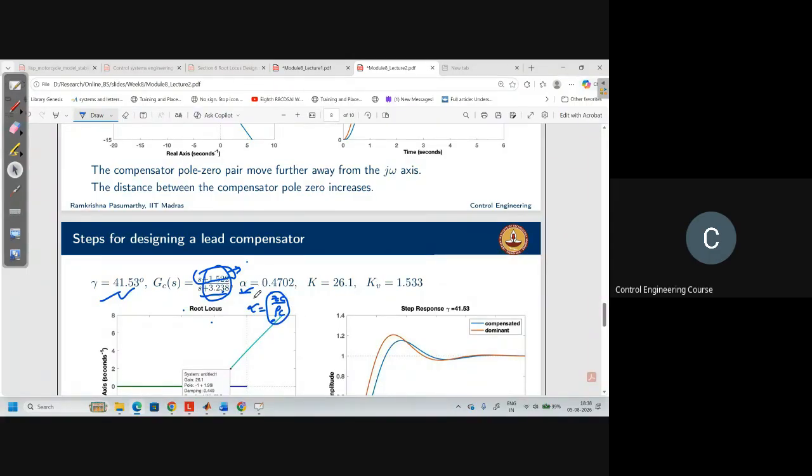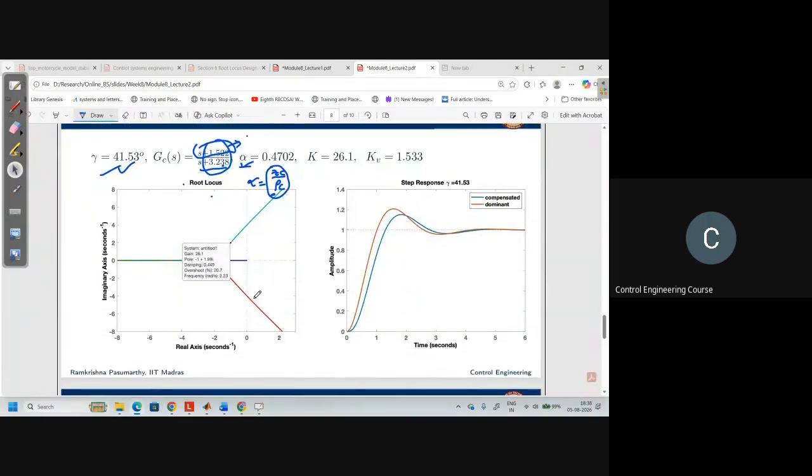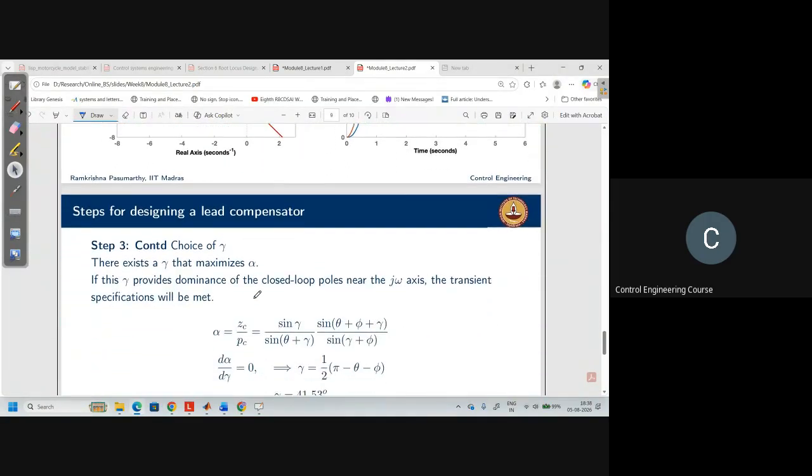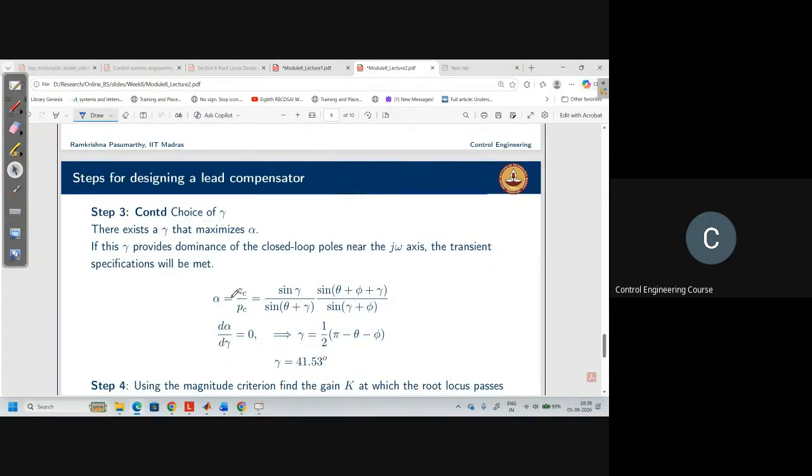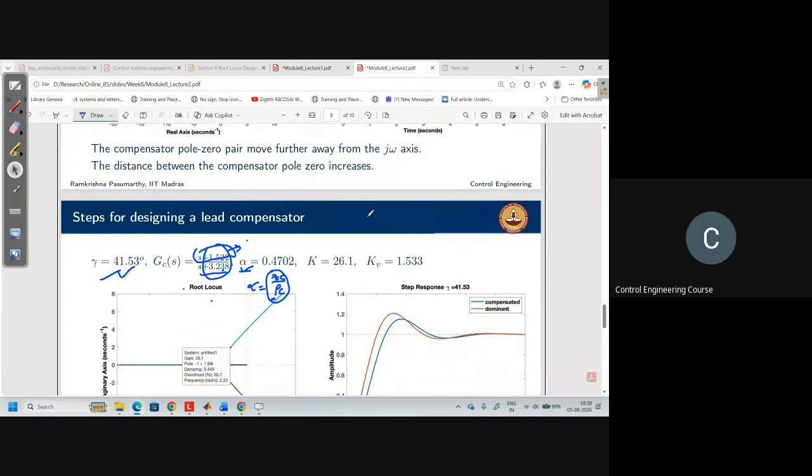That means alpha gets maximized. So that we can find out analytically by using your relationship: alpha is ZC by PC. We have already calculated the analytical expression for ZC and PC in terms of gamma.